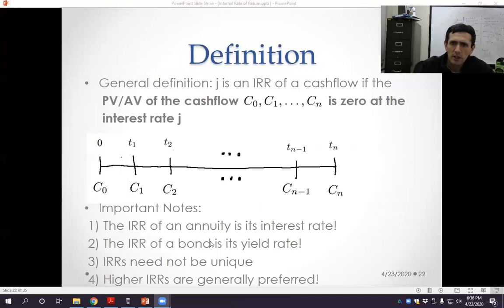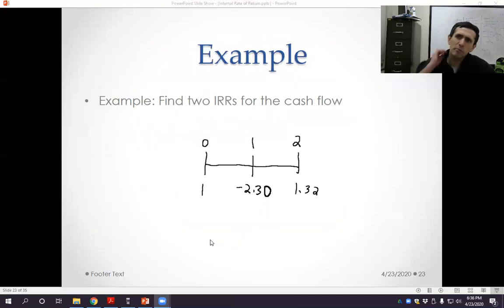Okay, so let's do an example, and let's find two internal rates of return for this cash flow. And you'll notice this is not a very crazy looking cash flow. I mean, we get at the beginning $1. At the end of 2 years, we get $1.32.